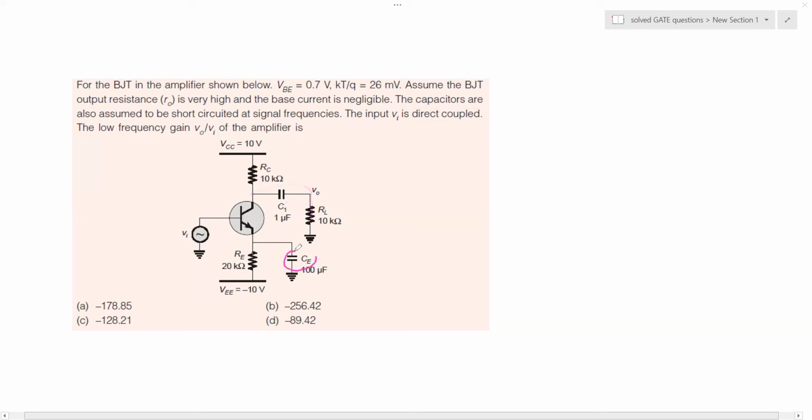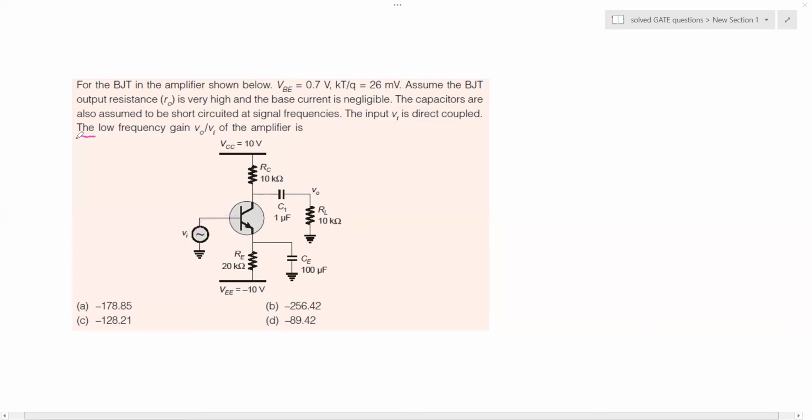This is the bypass capacitor that bypasses the emitter resistance RE at high frequency so that gain can be enhanced. Now the input VI is direct coupled. We don't have any coupling capacitor here, so that's why we say it is directly coupled.